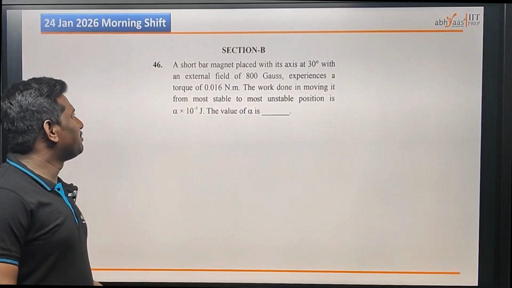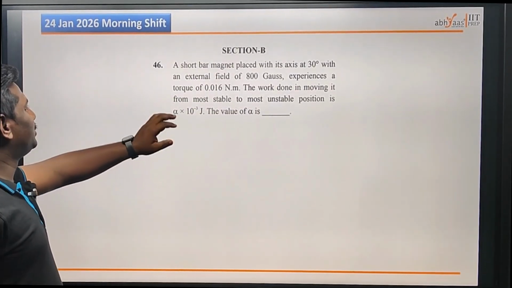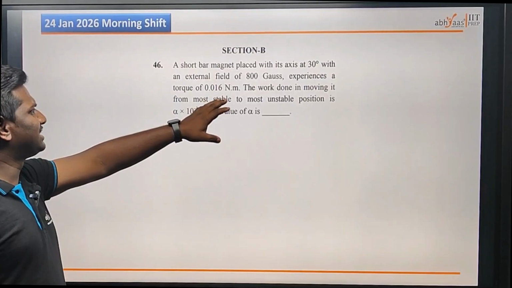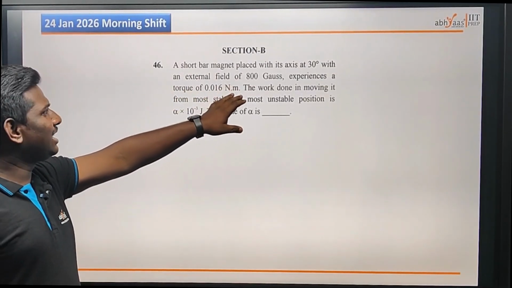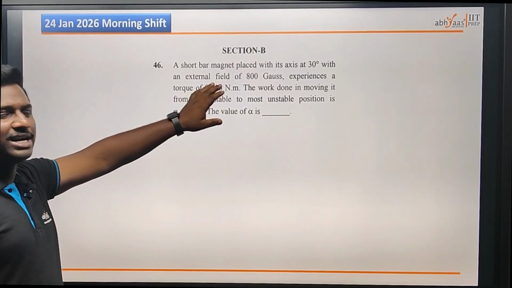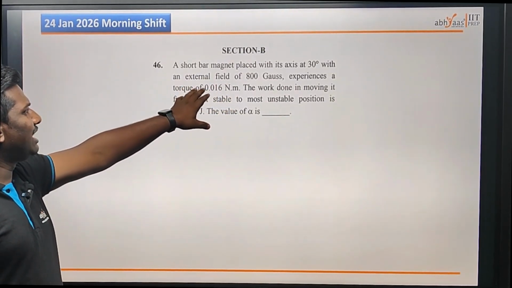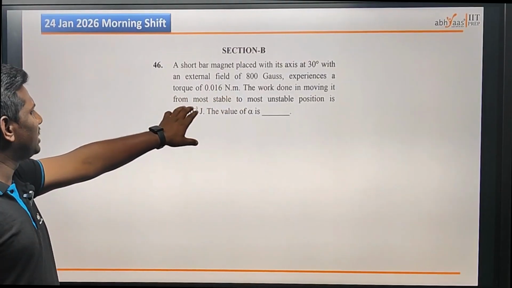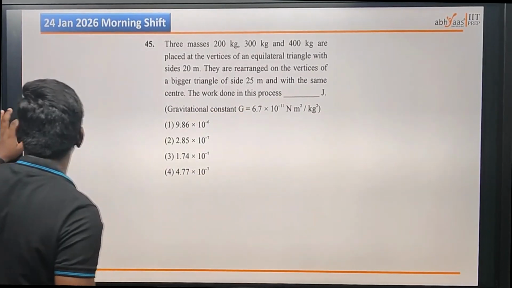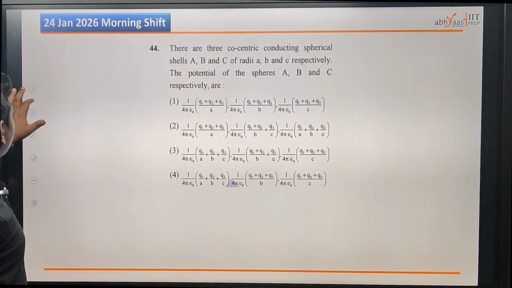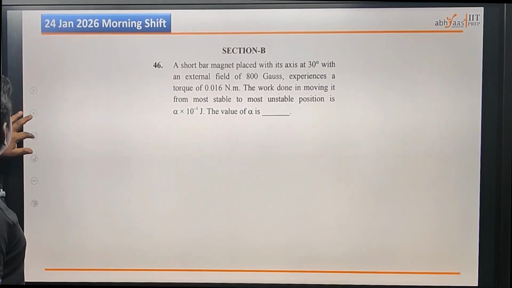See this one, section B, question number 46. What is the query? A short bar magnet placed with its axis at 30 degrees with an external field of 800 Gauss experiences a torque. They have given the torque, and the work done in moving from the most stable to the most unstable state.